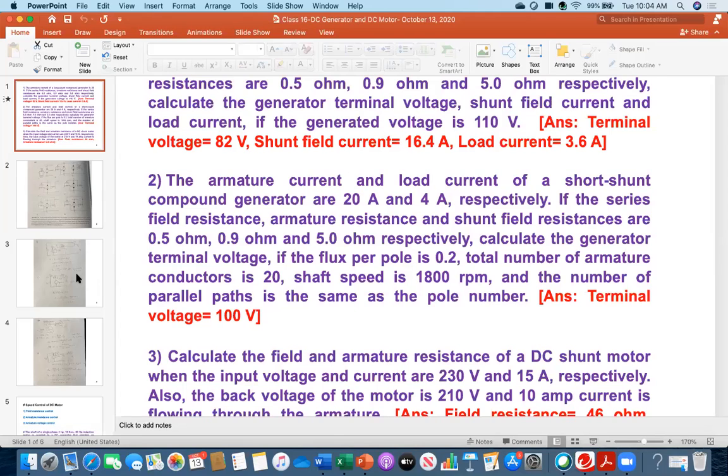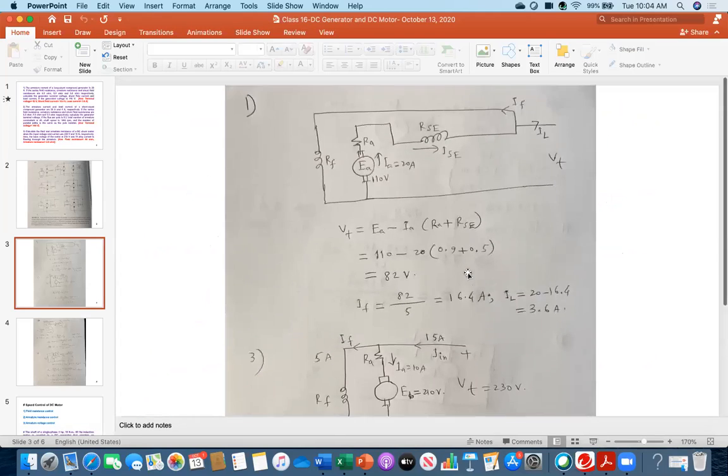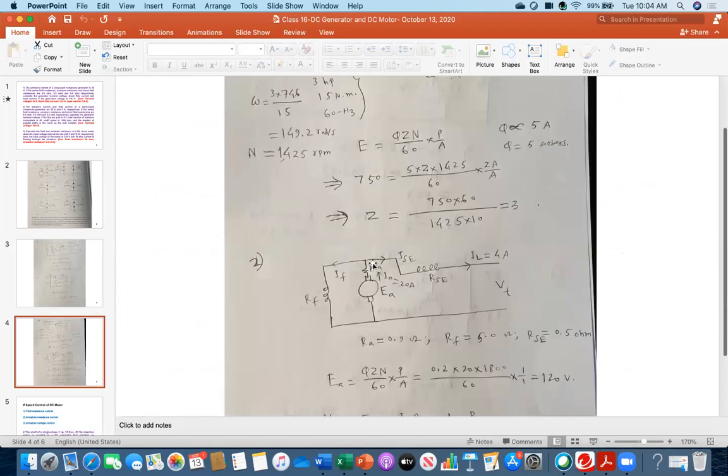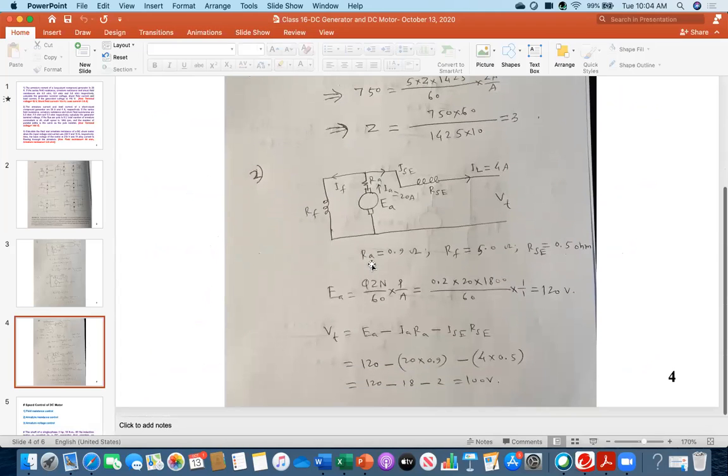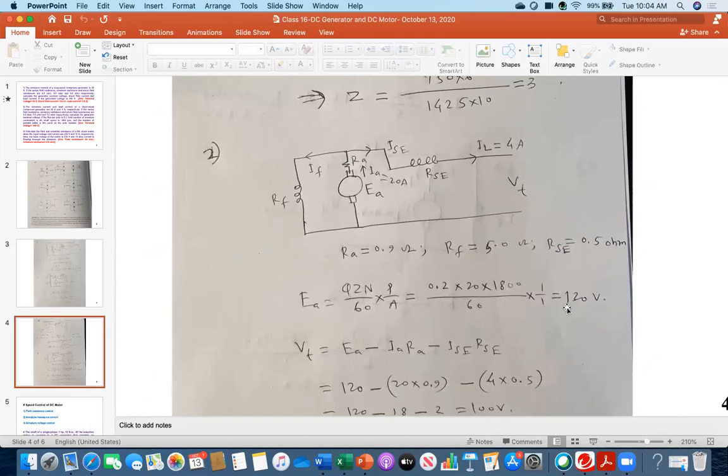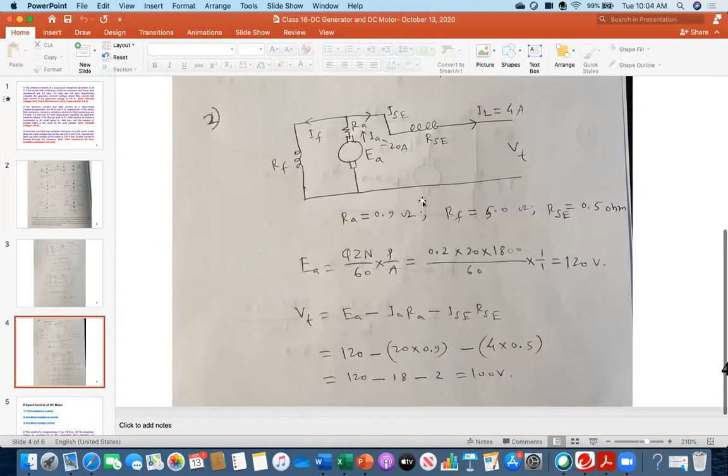Okay, so therefore, everybody see, this is number 2. You see my handwriting. So this is number 2. You see, I have drawn that short shunt. Here is that array, and I wrote down those numbers and I have calculated here 120 volts.